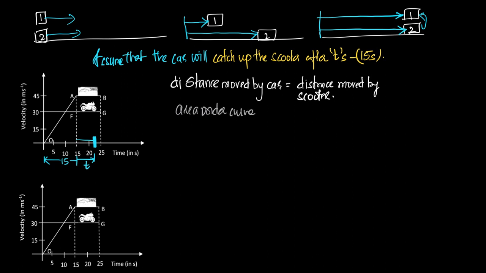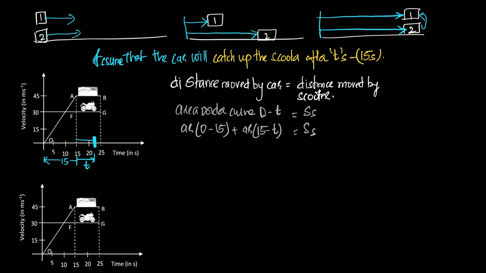Area under the curve from where? From 0 to t. Now see, 0 to t can be calculated as two halves: one, area under the graph from 0 to 15, and the next, area under the graph from 15 to t. Okay, so this will be the distance moved by the scooter while overtaking.